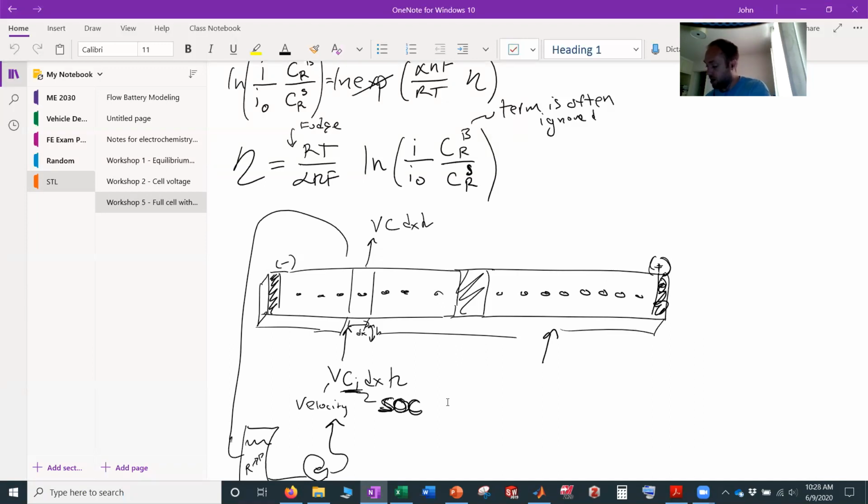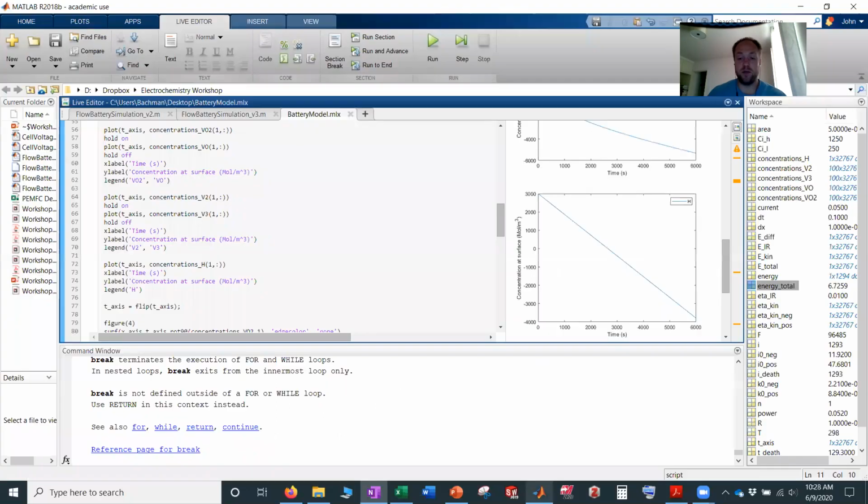And I might also set it up so the velocity depends on the location, right? So we know that as something flows through, because there's no slip at the surface, the velocity profile looks like this. All right, so it flows the most in the middle and the slowest towards the edges. So let's just do a quick thing.